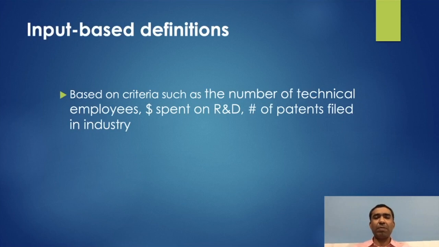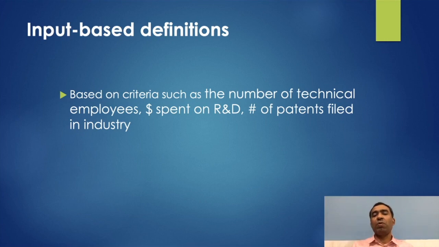So first of all, input based definitions. Input based definitions are basically very simple, based on criteria such as the number of technical employees in any organization, the budget for R&D, and the patents filed in the industry, which are basically the indicators of high-tech firms.